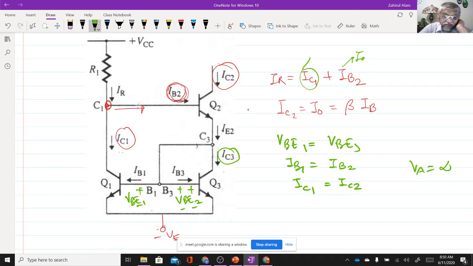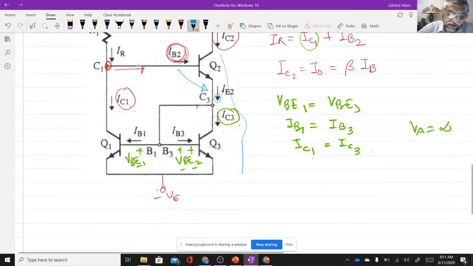Now we see this IC1 is connected to IC3 and IB3, connected through this. IC3 is related to this branch; they are connected in series. IC3 is connected to IE2, which is connected to IB2.